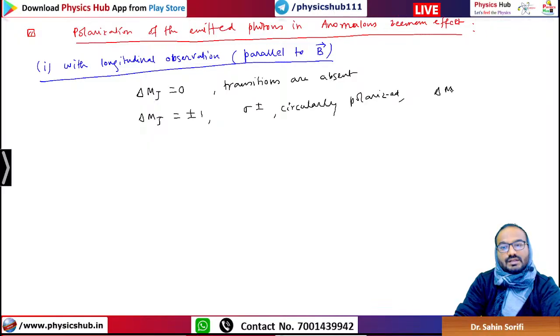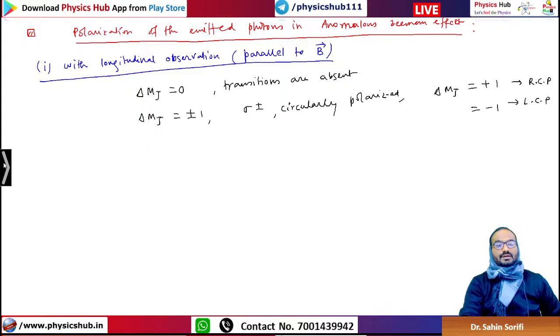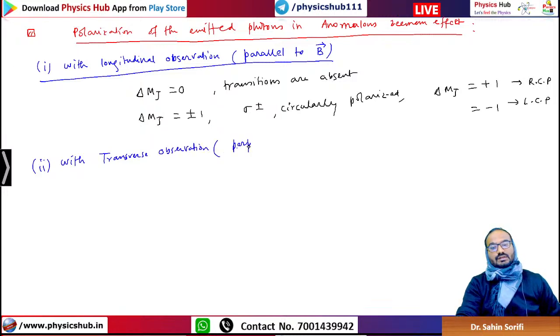When you get delta mj equals plus 1, this corresponds to right circularly polarized, and when you get minus 1, it corresponds to left circularly polarized. With longitudinal observation done, now let's talk about transverse observation. If you observe in a direction perpendicular to the magnetic field, what will you observe?